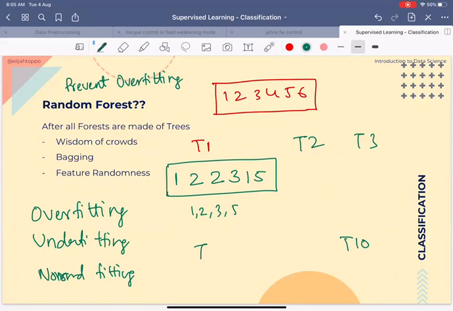But the way random forest is made, it inherently captures the idea that it will not overfit. I will not use all of the data to train the model. I'm using a subset of the data to train the model. I'm using feature randomness to train the models. So each of the models will not learn too much from the training data. They will learn the essence or the nominal behavior from the training data, which can be used for further prediction.